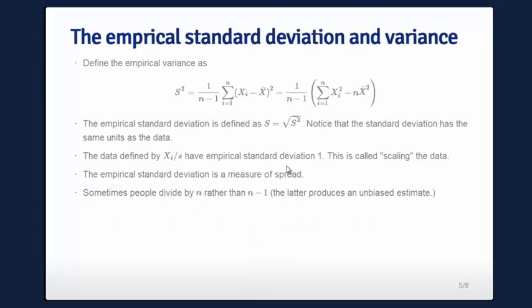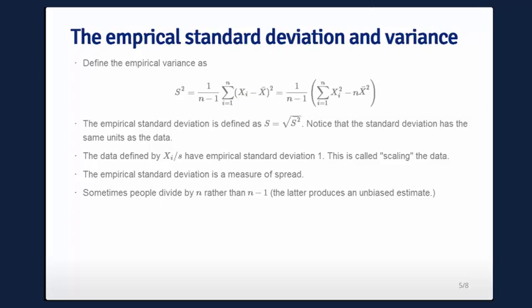Just to remind ourselves, hopefully none of this is news to you, we could also define the empirical standard deviation, which is almost, but not quite, the average squared deviation of the observed data minus the mean.